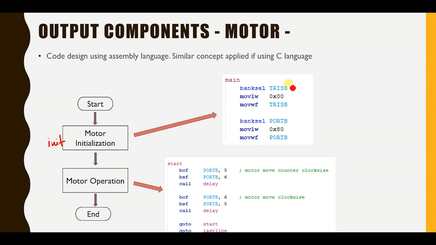In the main program, bank cell TRISB is just to select the register TRISB. Move 00 sets port B as an output, and then bank cell port B, move 80 to port B. So you are sending 10000000 to port B. What's the purpose of that?